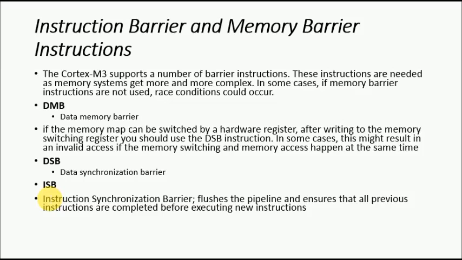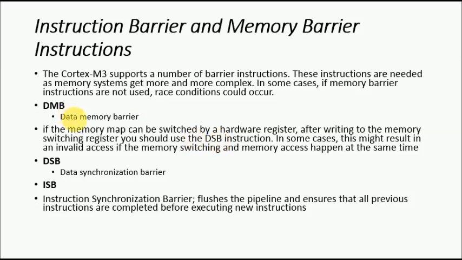In case of the Cortex, these instructions are needed whenever we have to use the memory. So whenever there is a memory related operation, maybe read, maybe write, we have to use these instructions, because the memory related system is very complex.